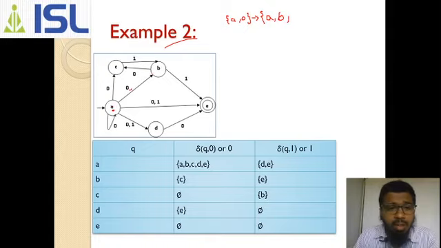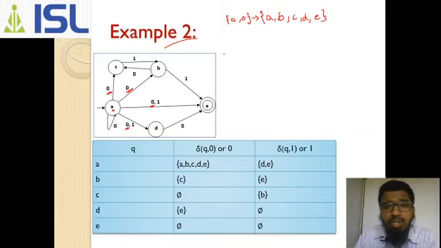Then A to C, C is also there. Then A to D, A to E, E is also there. Is there any possibility now? 1 2 3 4 5, no, there are no other possibilities.